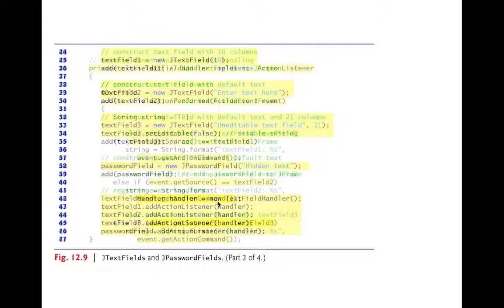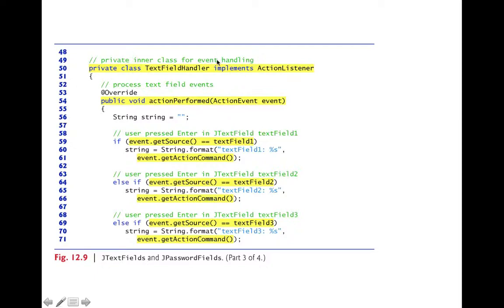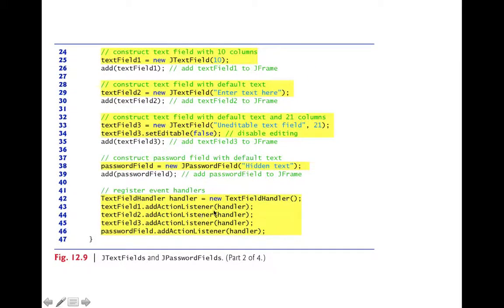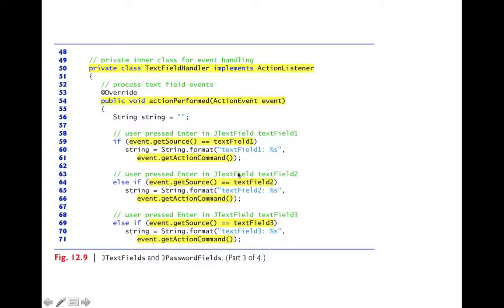Okay, let's see what I do with my third part. Here's my text field handler. I got this implements, and I got my action. I got to make a custom text field handler. This is neat. I like this. It's based on an action listener, which is equivalent to what I'm doing down here, add action listener. I'm just making a custom class for it that implements the action listener interface.